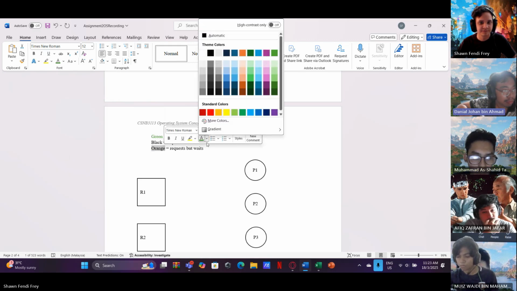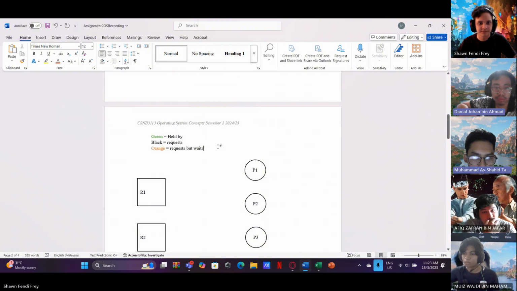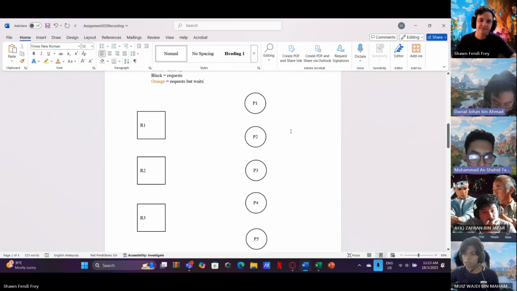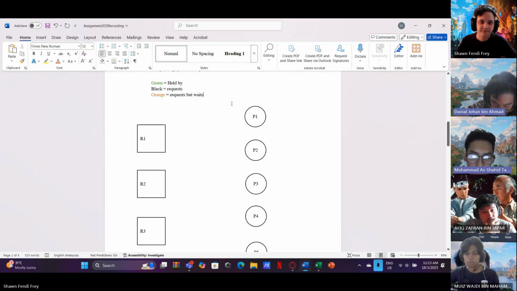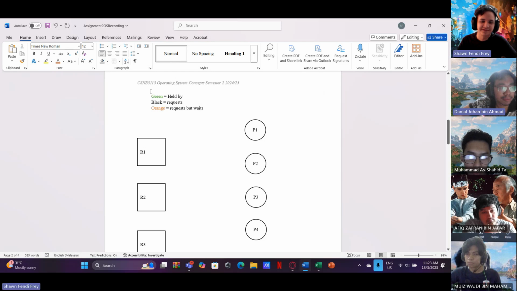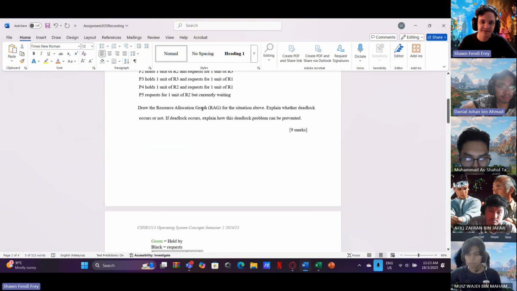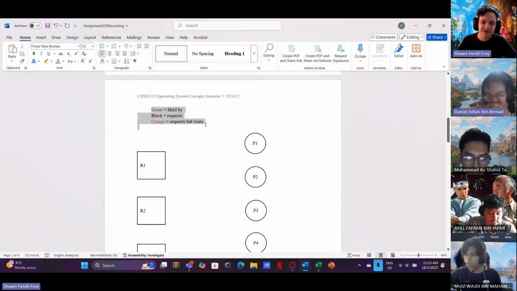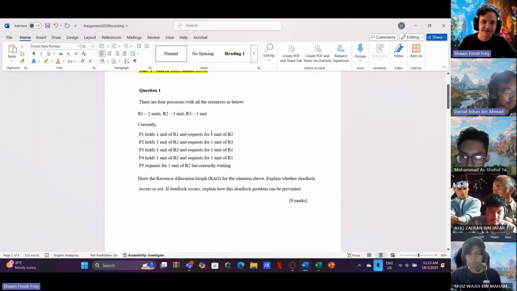The green arrow will show resources held by which processes. As Shahid was saying, green is held by, black is requests, and orange is requests but waits, which is P5. I'm color coding it because it'll be easier to see.